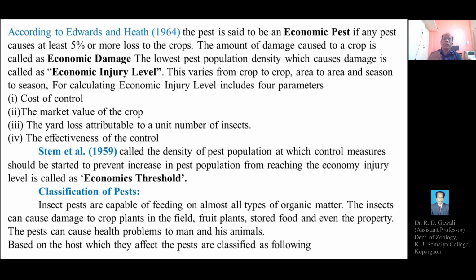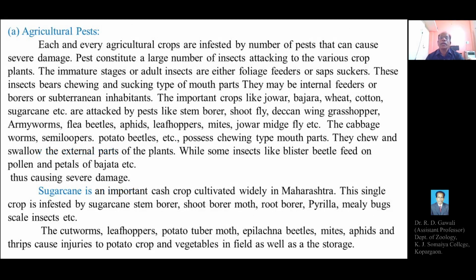There are different pest organisms attacking different types of hosts, host plants or animals, and causing damage, and they can be classified into different types of pest. Among these, the first one is the agricultural pest.